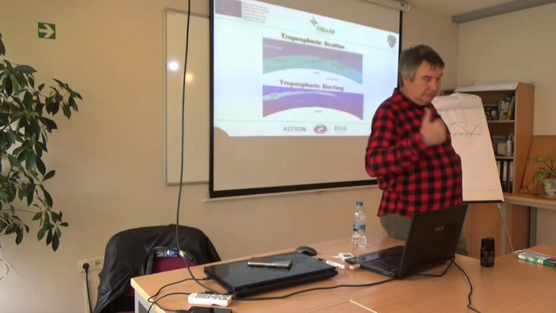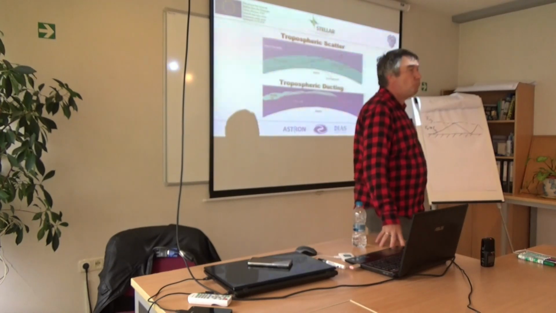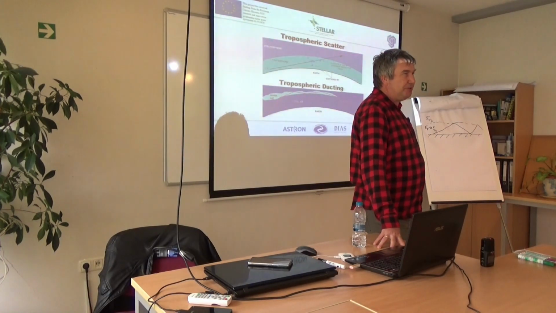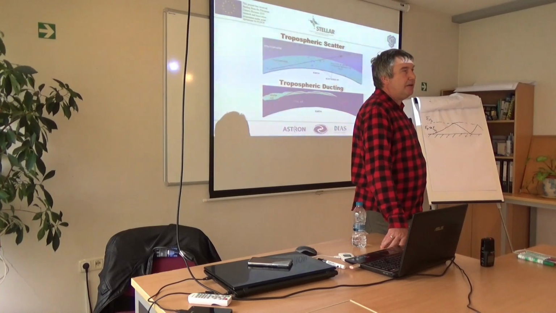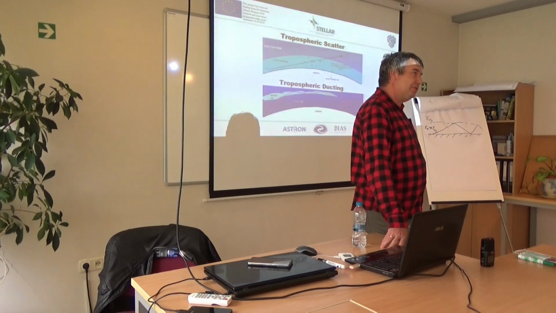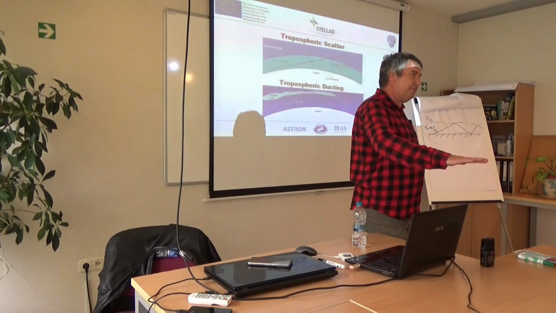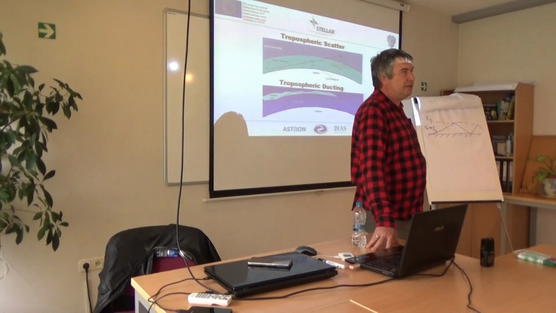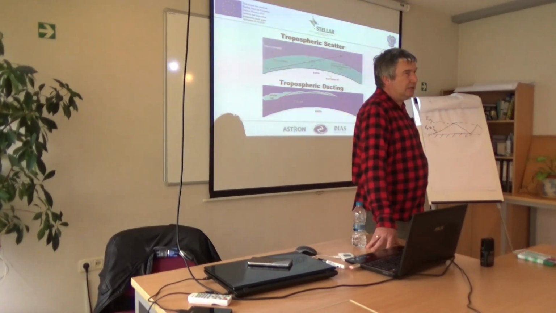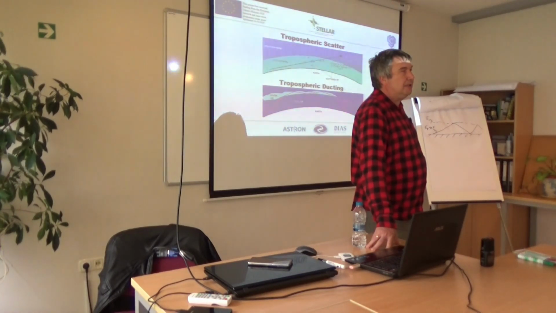So on the sea, the propagation conditions are very different from the Earth surface, and they are very good compared to the case when we have Earth surface, because the sea doesn't have relief, there are no obstacles, and radio waves propagate maybe more than 10 times bigger distances than over other parts of the Earth surface.